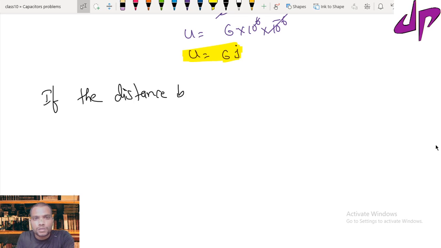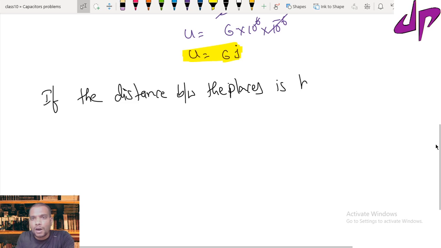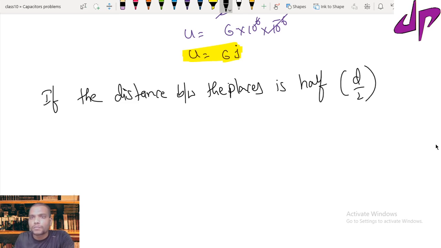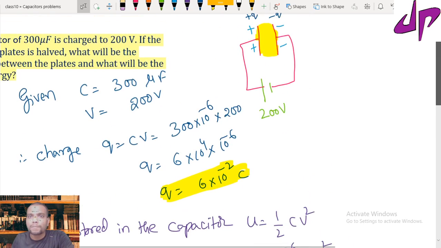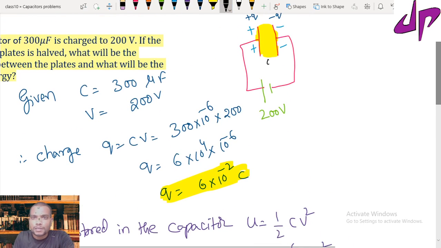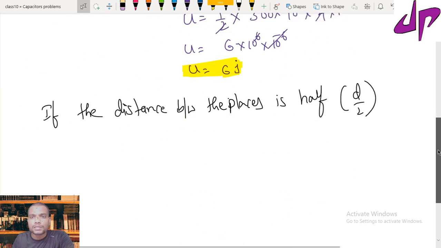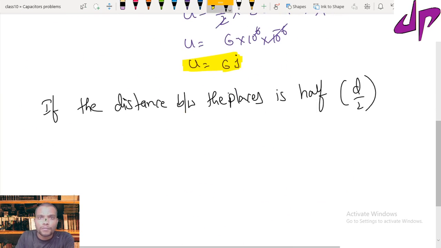If the distance between the plates is half, it means it becomes d by 2. Earlier, we took the distance between the plates as d; now in the second case the distance between the plates becomes half.